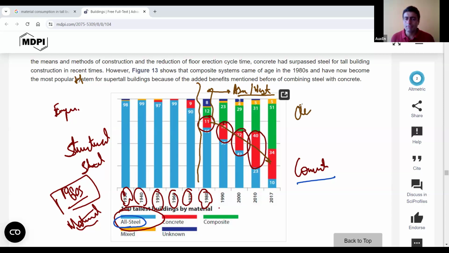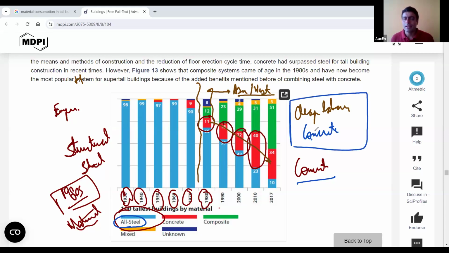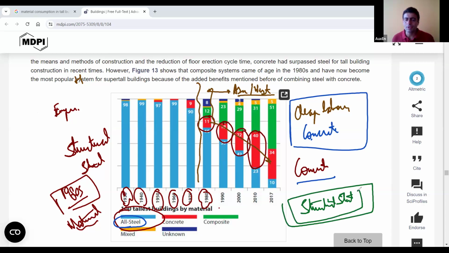So if you have got cheap labor available, then your concrete naturally is the material of choice. Do you get this point? If you have got cheap labor available, then naturally concrete is the material of choice. Why? Because even though structural steel is costly, why do Western countries prefer constructing in structural steel? Because structural steel does not require a lot of labor on site for construction.